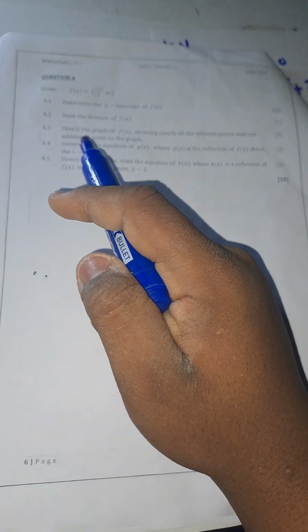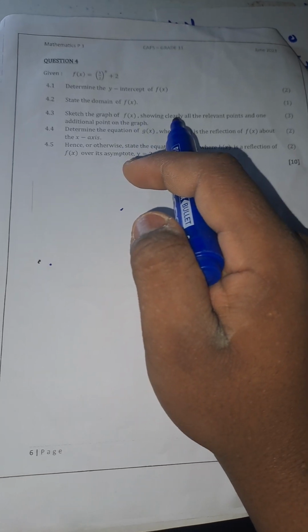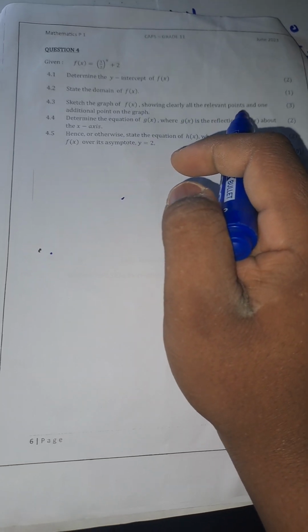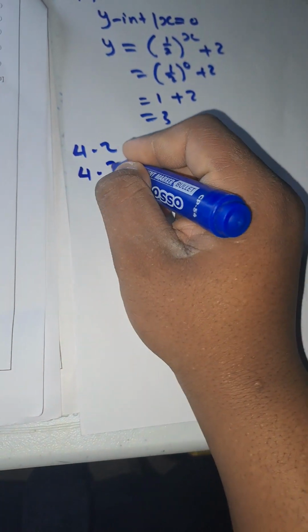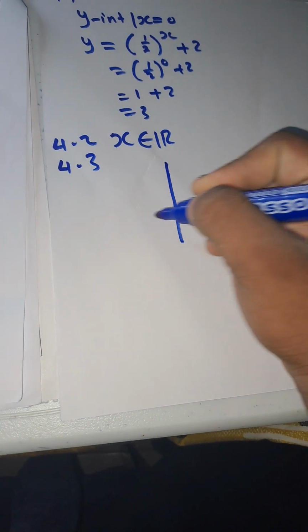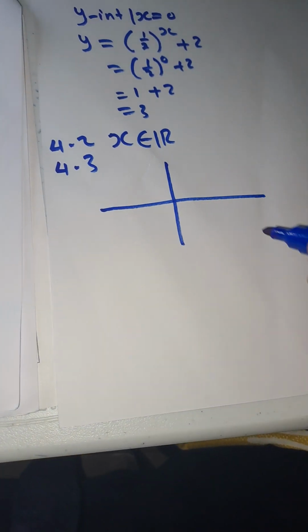Now sketch the graph of f of x, showing clearly all relevant points and one additional point on the graph. So now I want you to go and sketch this graph. I'm not going to do it because, okay, let's do it. It's fine. I'm already given my y asymptote, which is 2, right?